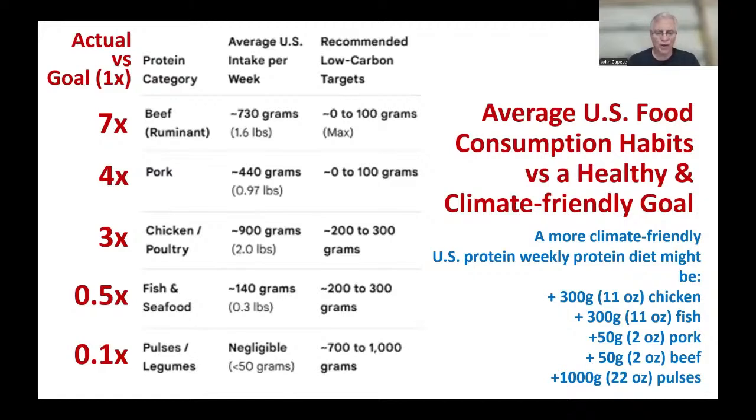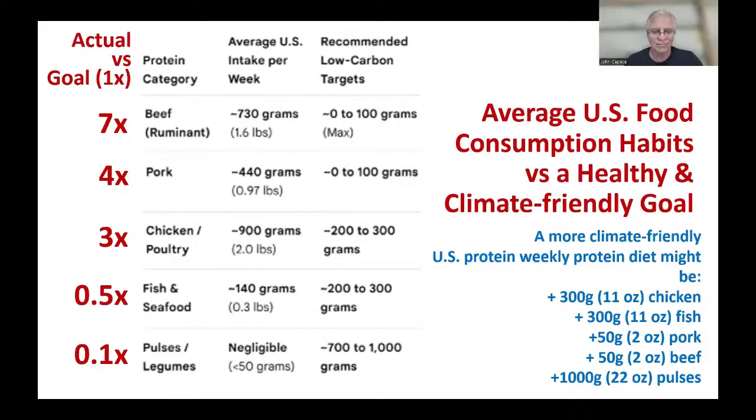We eat about 40 grams of pork, which is 4 times the recommended target. We consume roughly 900 grams of chicken and poultry, which represents 3 times the low carbon target. Conversely, we consume only about 140 grams of fish and seafood, which is half of what a climate-friendly target suggests.